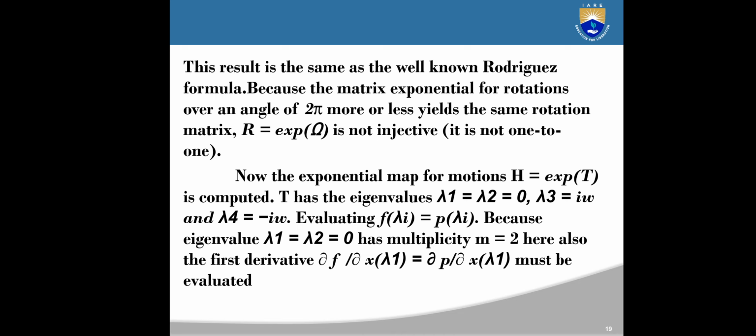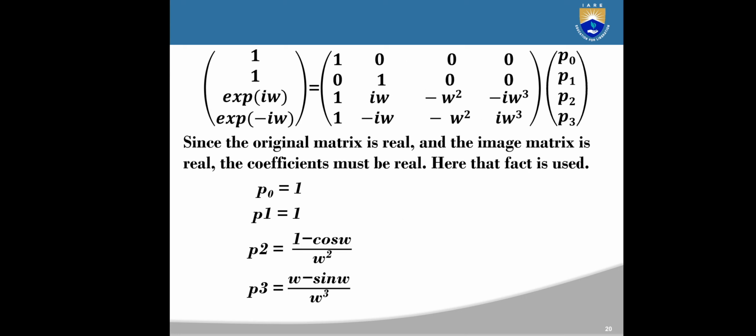Evaluating f of lambda I is equal to p of lambda I. Because eigenvalue lambda 1 is equal to lambda 2 is equal to 0 has multiplicity m is equal to 2, here also the first derivative d f by d x at lambda 1 is equal to d p by d x at lambda 1 must be evaluated. So consider the following matrix. Here, since the original matrix is real and the image matrix is real, the coefficients must also be real. Here this fact is used to find the coefficients.